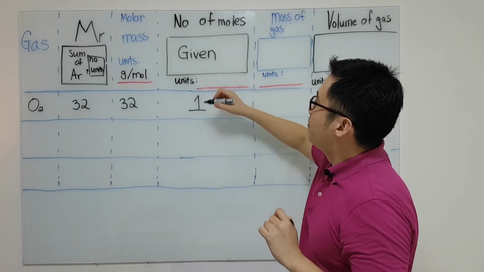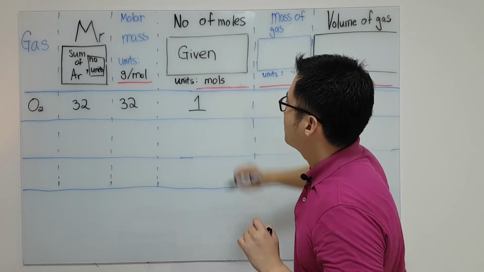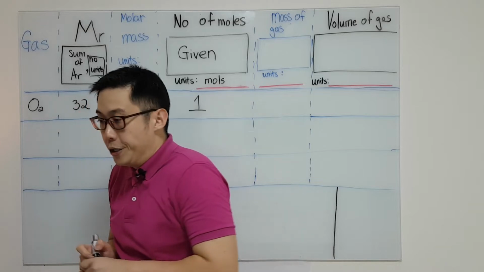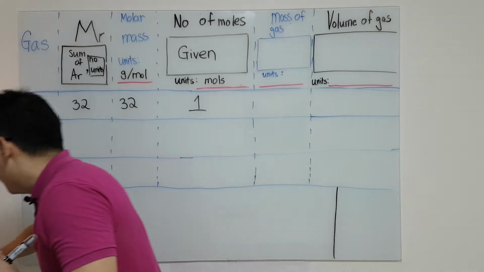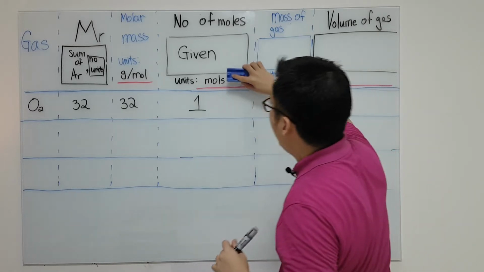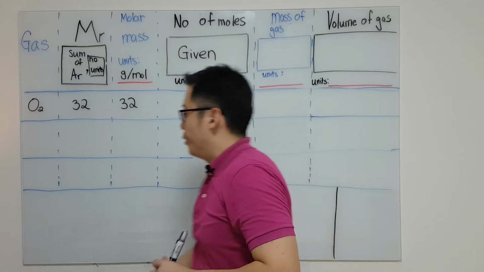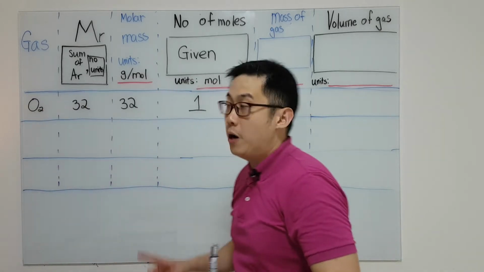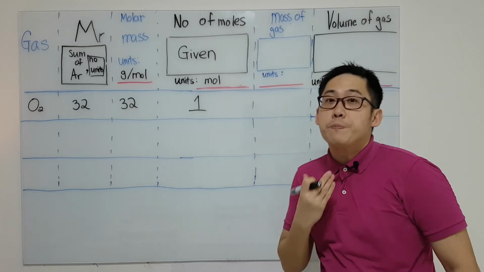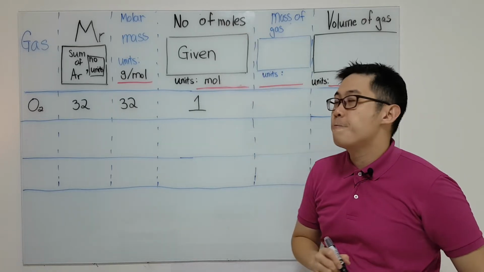The unit of moles is sometimes written in short form as MOL, a reminder, no S. Only when you spell out the whole word do you have MOLS.